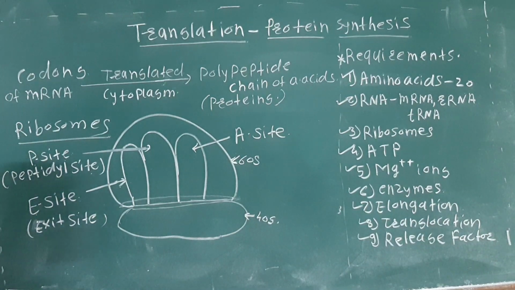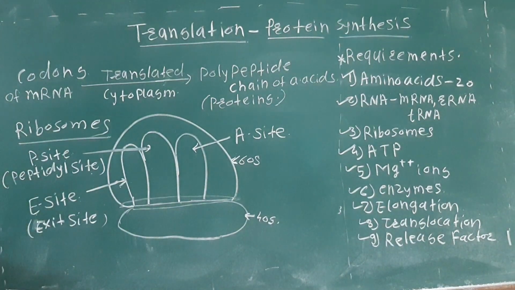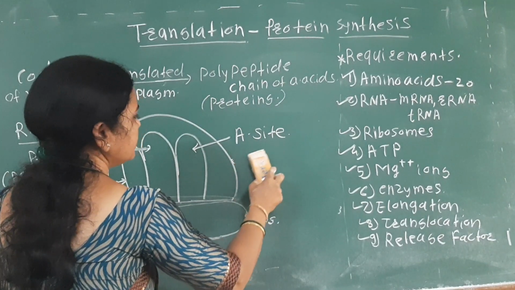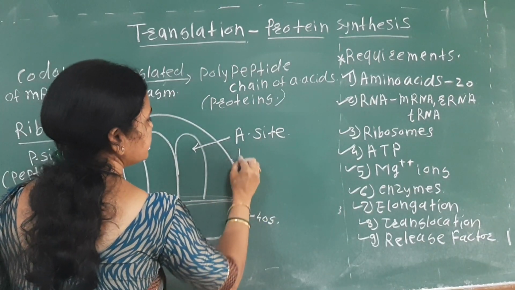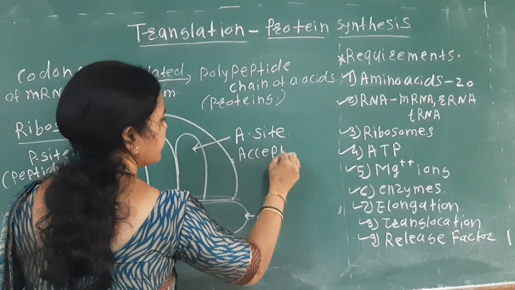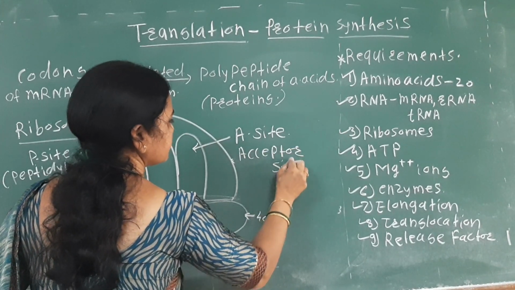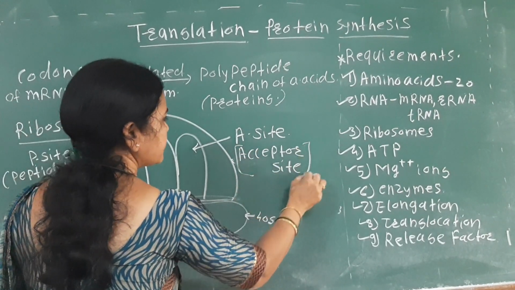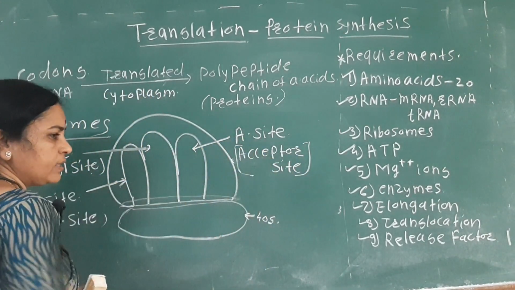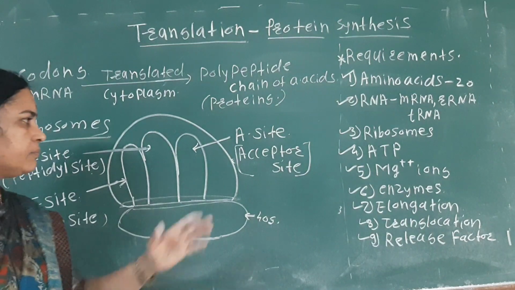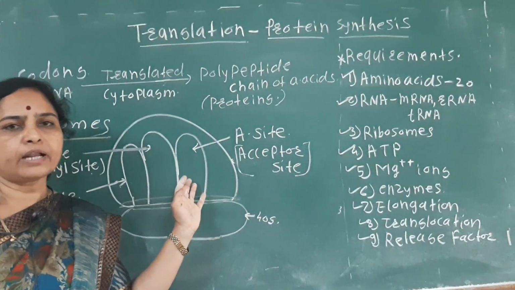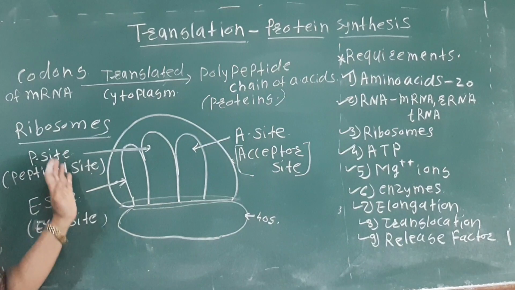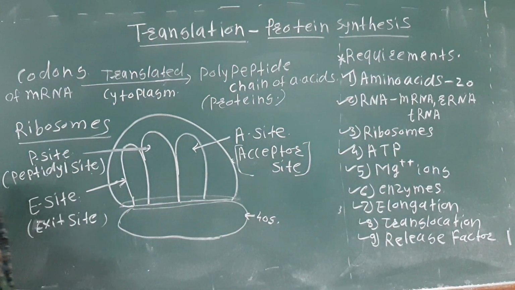And the A site is the acceptor site. Through this acceptor site, the aminoacyl tRNA complex enters into the ribosome. So this is the structure of the ribosome.